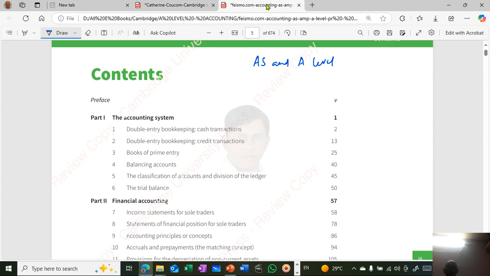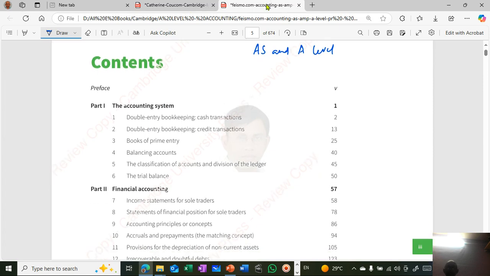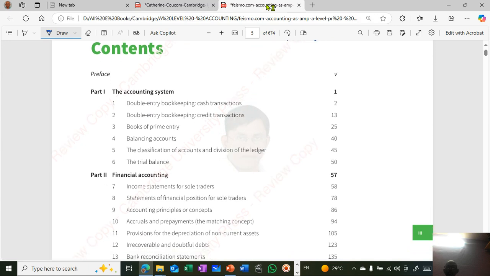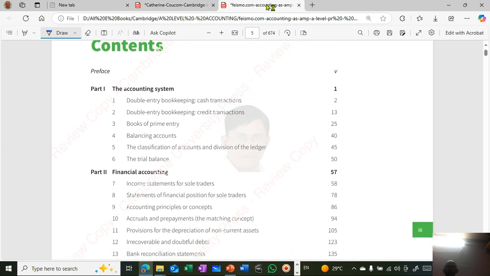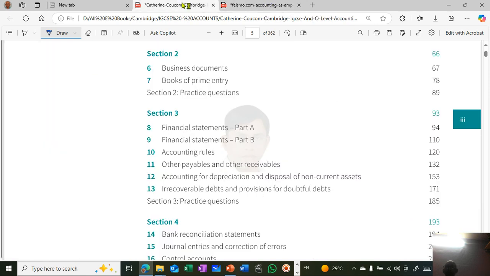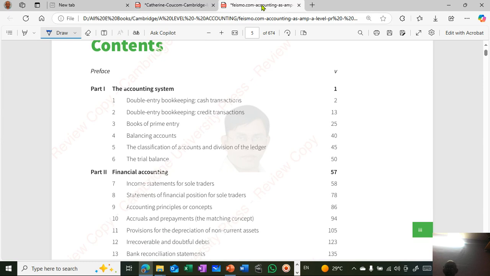Then provision for depreciation of non-current assets. Where is it? Accounting for depreciation and disposal. Irrecoverable debts and provision for doubtful debts. Irrecoverable and doubtful debts. Bank reconciliation statement.